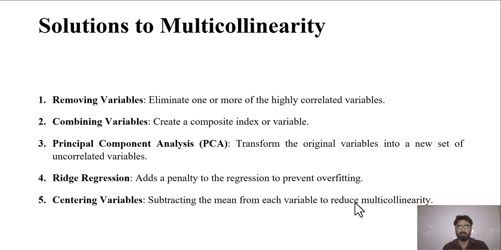Similarly, if you have another series, FDI, foreign direct investment, then you also calculate the mean value for this series and subtract it from the value of all years of this series. So this is how you can solve the issue of multicollinearity in your data set.